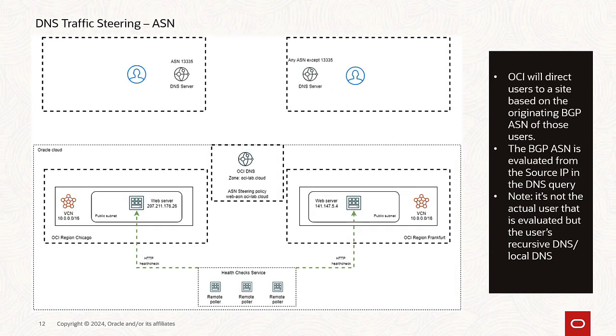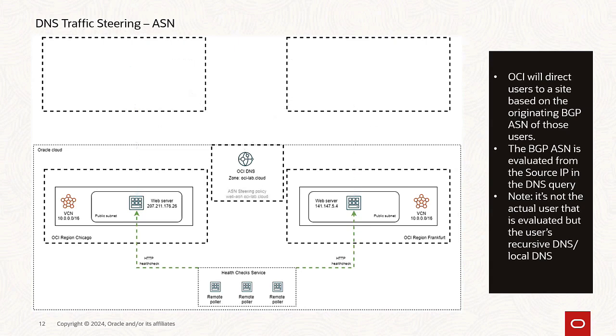Similarly to geolocation, we're talking about ASN steering. Whenever OCI receives the DNS query, it looks at the source IP and matches it with the database of ASNs, and then it applies the policy. In my example here, one user has 13335 configured, and who can guess what that DNS server is?